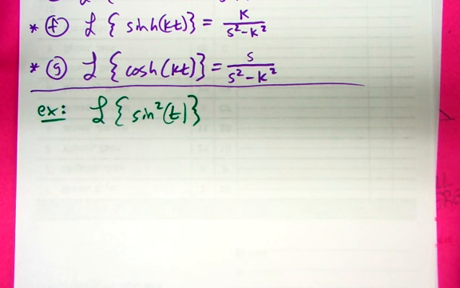I forgot. Okay. Cosine is plus. Good enough. Question. Can you use this one? Yeah. That's the one.